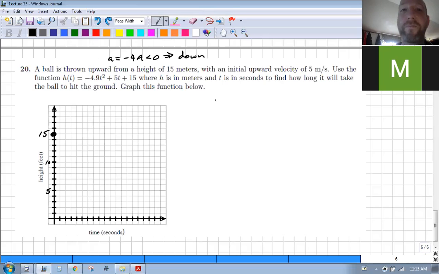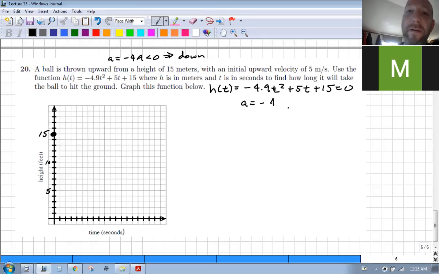All right, so we set this thing equal to 0. T squared. It's 5t plus 15 equals 0. A is a negative 4.9. B is 5. C is 15.